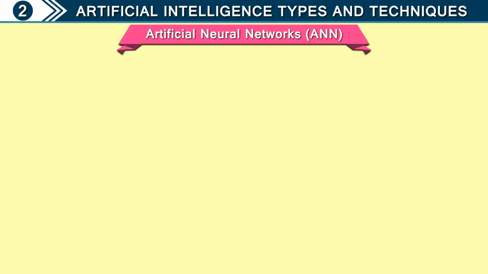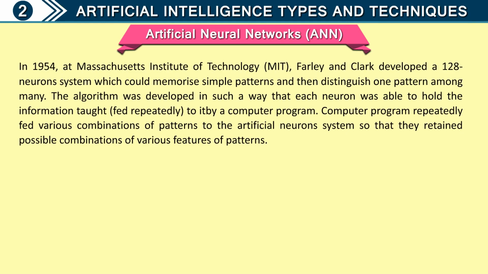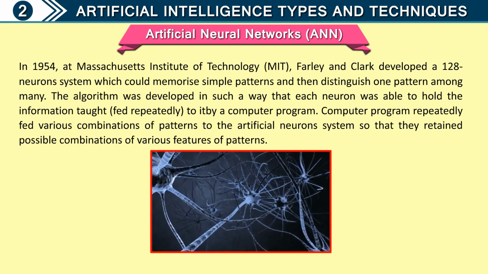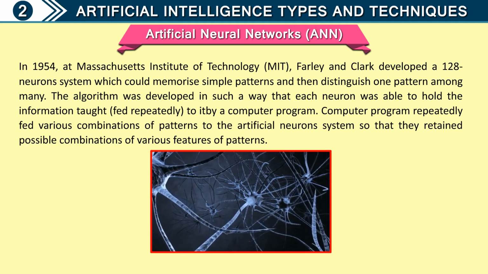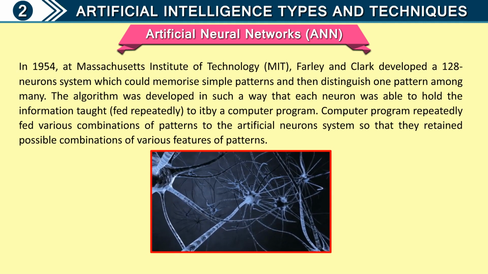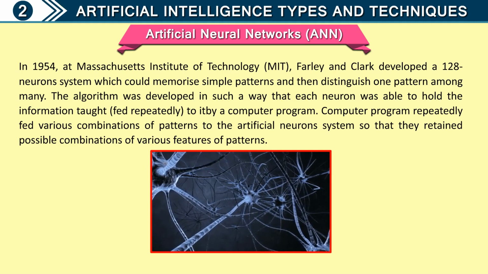Artificial Neural Networks, ANN. In 1954, at Massachusetts Institute of Technology, MIT, Farley and Clark developed a 128 neuron system which could memorize simple patterns and then distinguish one pattern among many.